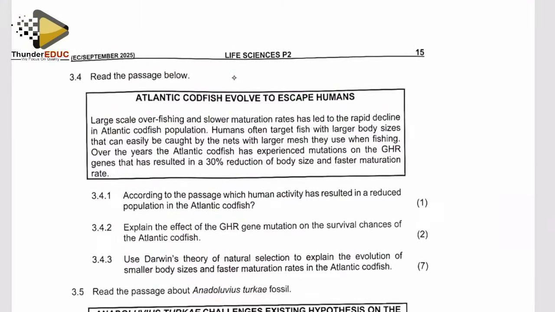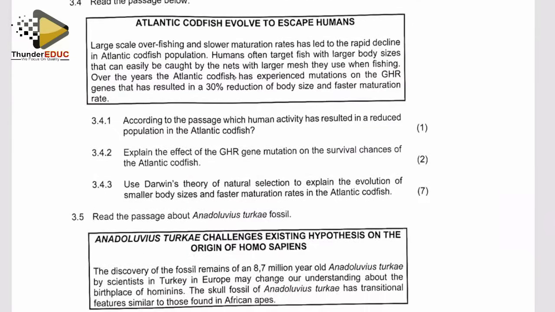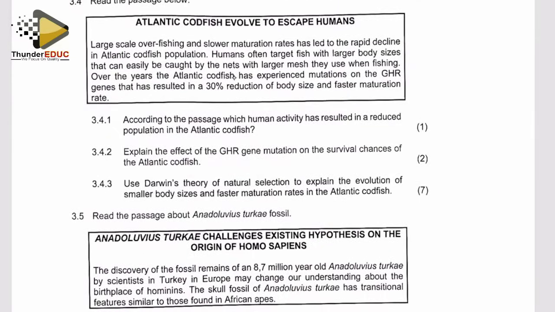Then we go to the next question. Large scale overfishing. Remember, humans target fishing in ports. This passage mentions a 30% reduction of body size and faster maturation.